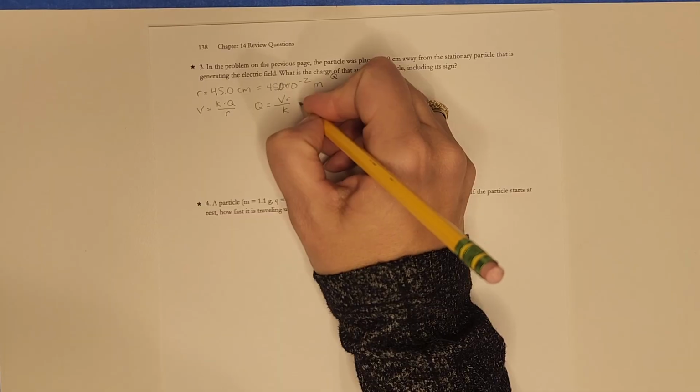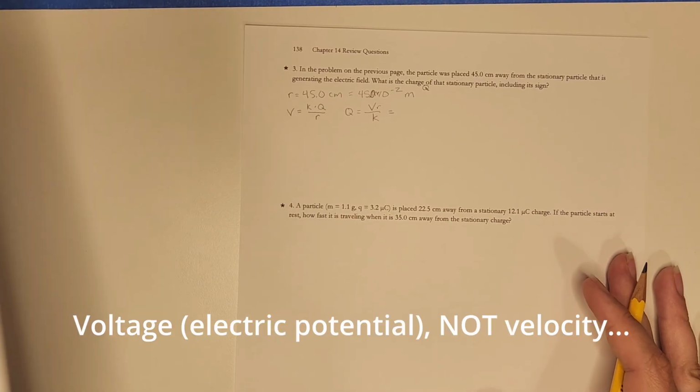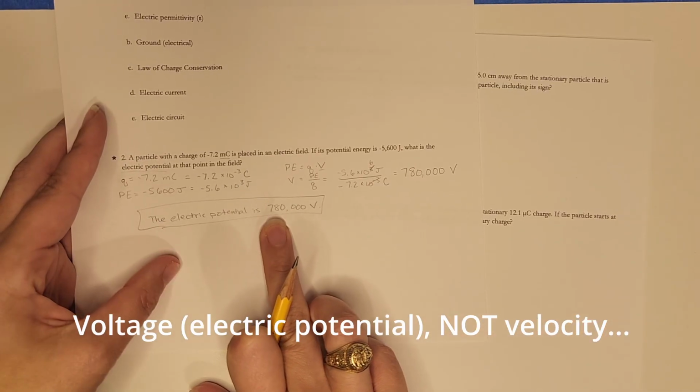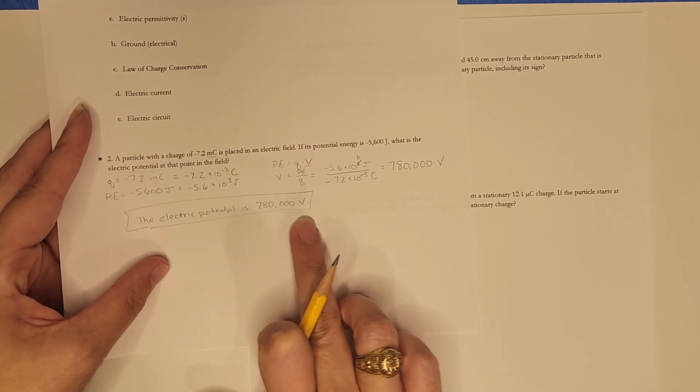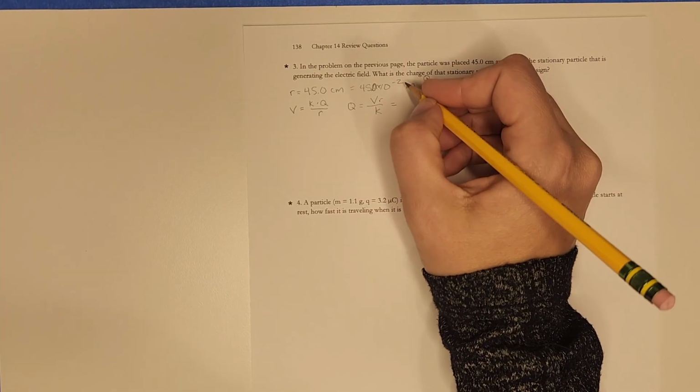So let's plug everything in. We're going to take our voltage, our electric potential from the previous problem, 780,000 volts.